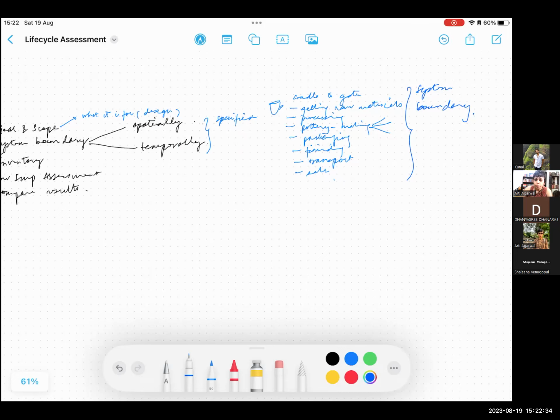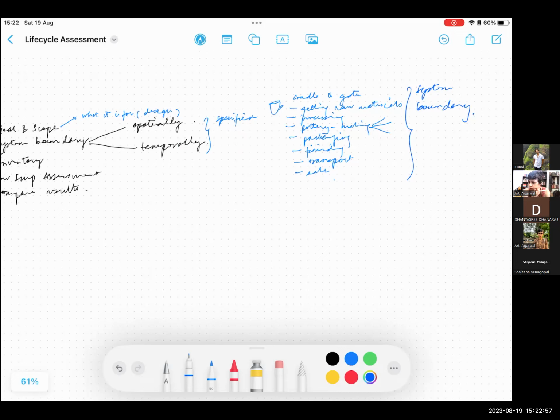So till what detail are you going to drill it down? Do you want to go through the birth of every component inside the iPhone, or what? So those steps and sub steps and sub steps have to be defined in the system boundary.